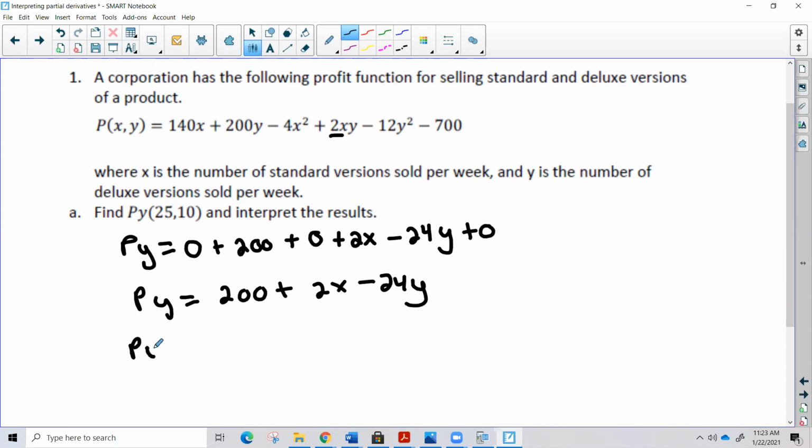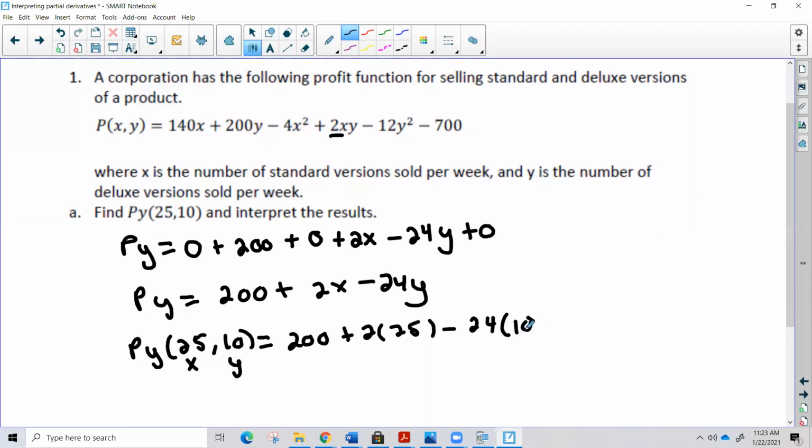We are trying to find it at 25, 10. So I'm going to plug 25 in for x and 10 for y and calculate what I get. Okay, and I get $10.